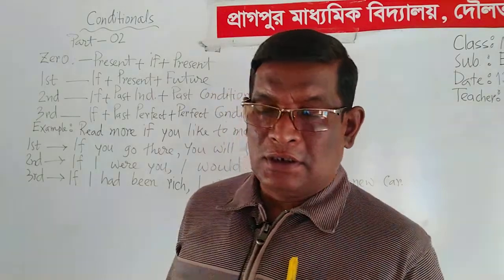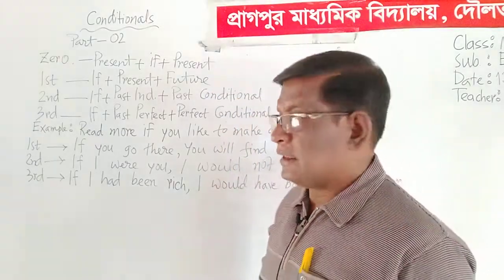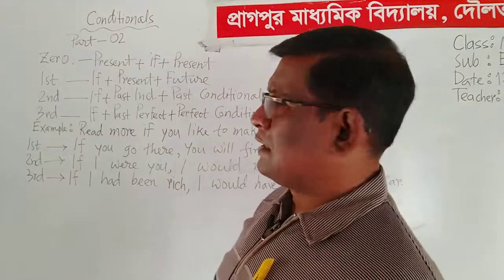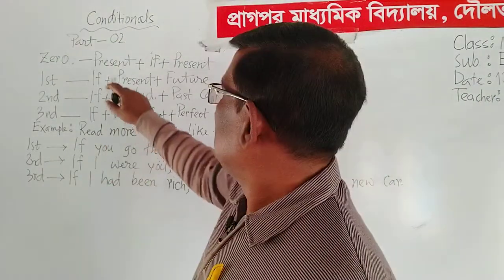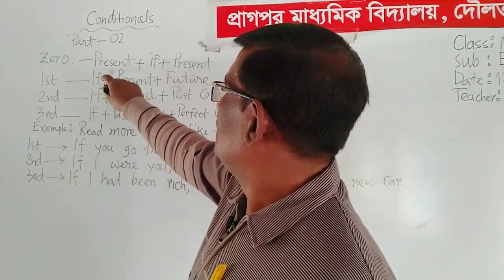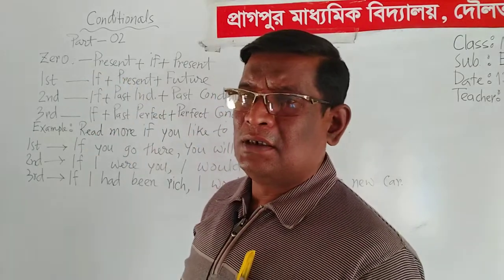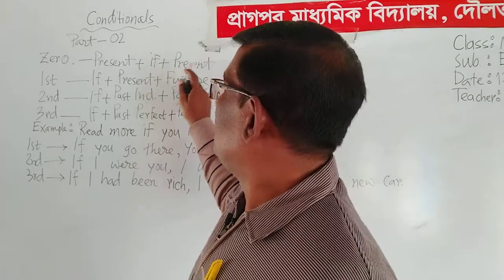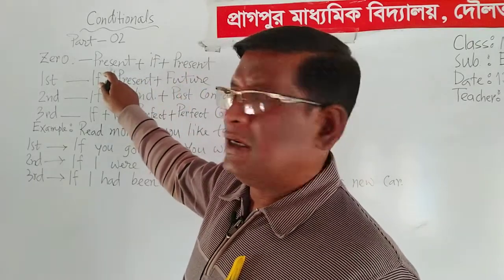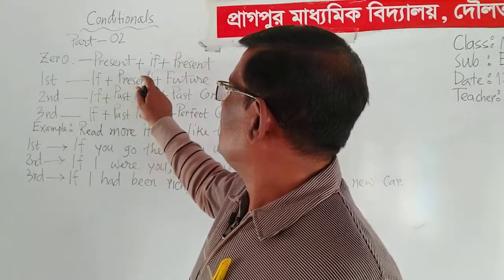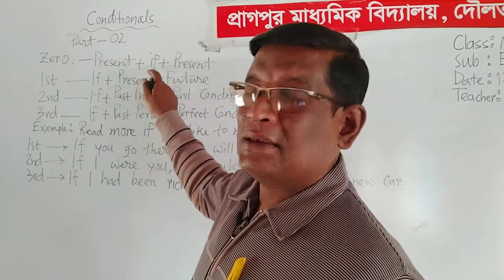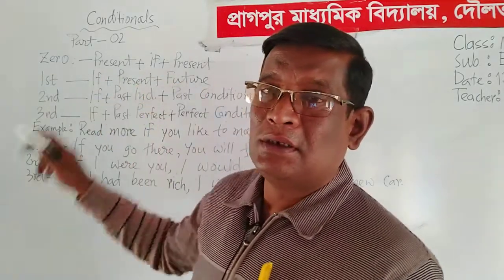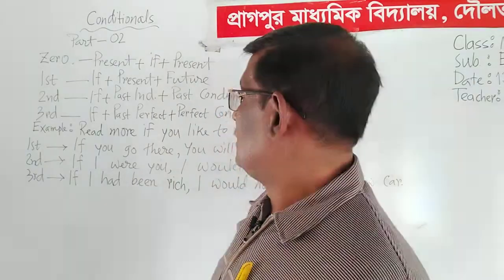What is zero conditional? The structure of zero conditional is, in this situation the sentence pattern will be present plus if plus present. I mean, the first clause will be in the present form and there will be a linker if, and the second clause will also be present.